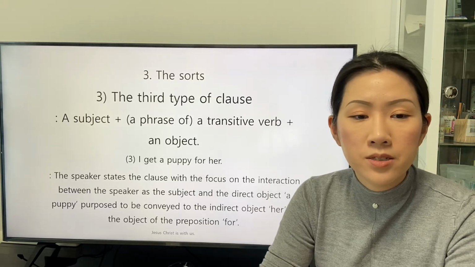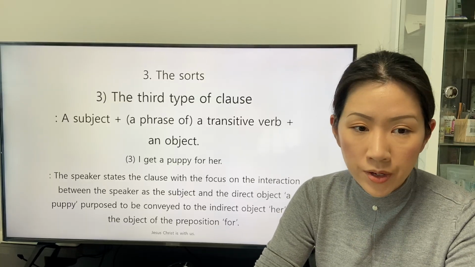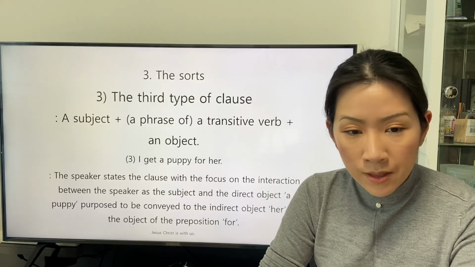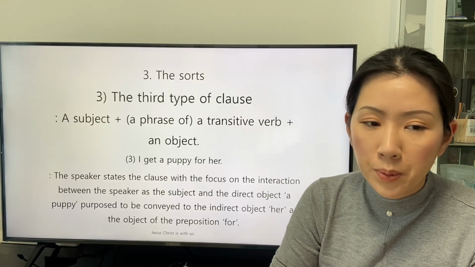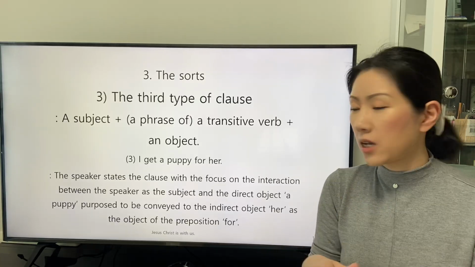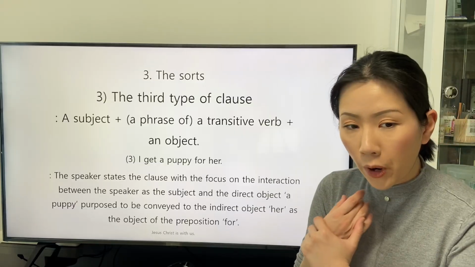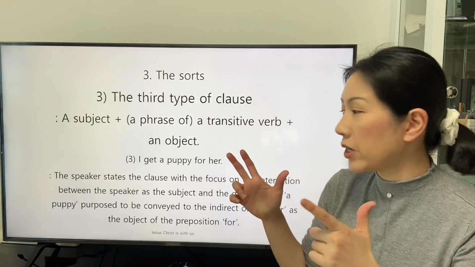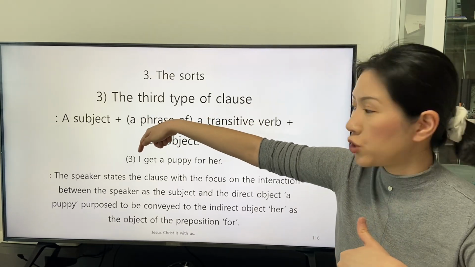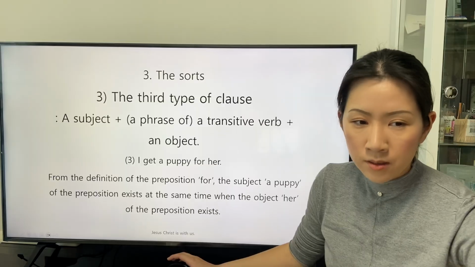The speaker states the clause with a focus on the interaction between the speaker as the subject and the direct object, a puppy, proposed to be conveyed to the indirect object her as the object of the preposition for. This is because the speaker sets the range of the statement from the subject to the direct object, mainly.